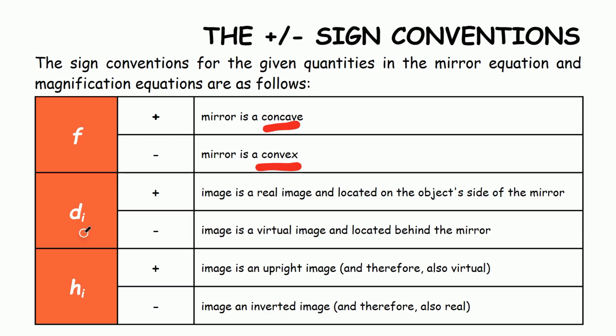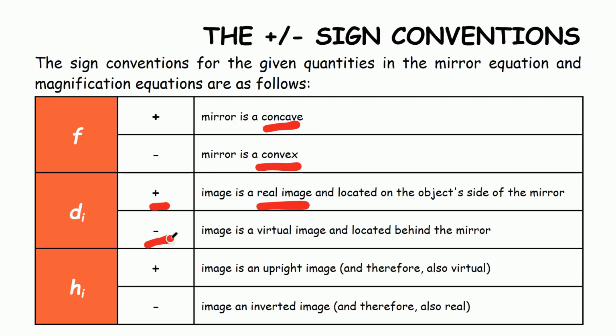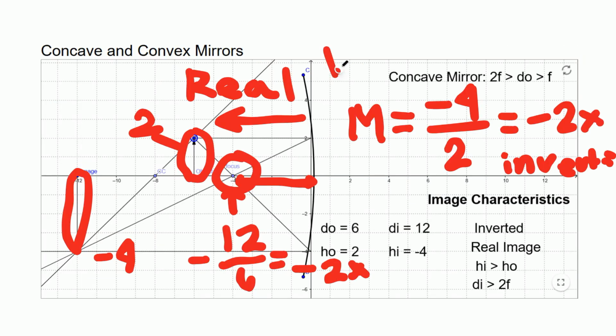And for the image distance, if it is plus, that means the image is a real image and located on the object side of the mirror. So our di is on this side, which is of course real because that is in front of the mirror. And if negative, of course the opposite, which is virtual and located behind the mirror.